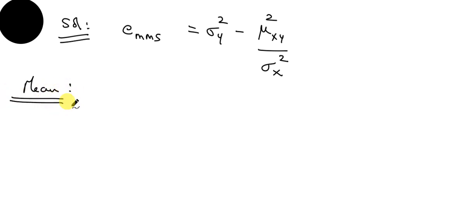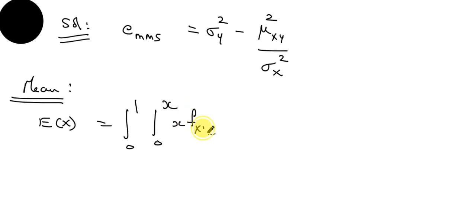So let us first compute all the means. In this first step, let me compute E of x. I know that my formula for E of x is the double integral, x ranges from 0 to 1, y ranges from 0 to x, of x times f_XY of x comma y, dy dx.